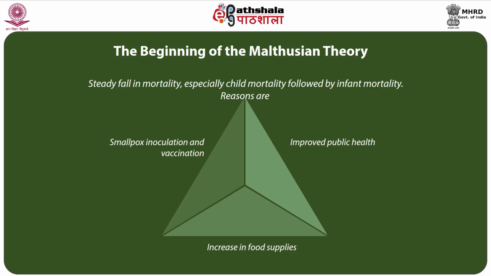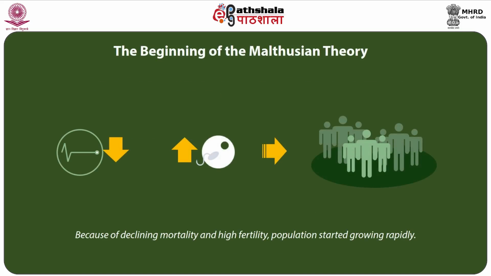The reasons for the decline in mortality are improved public health, increase in food supplies owing to agriculture innovation, and smallpox inoculation and vaccination. Because of declining mortality and high fertility, population started growing rapidly.